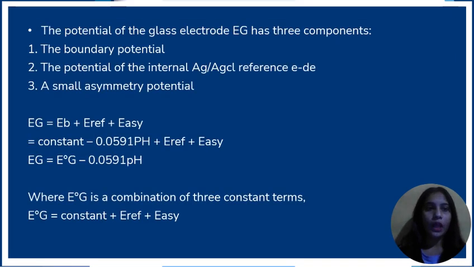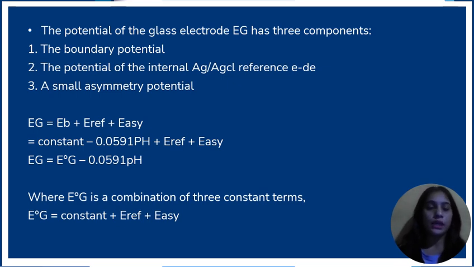The potential of the glass electrode, EG, has three components: the boundary potential, the potential of the internal Ag/AgCl reference electrode, and a small asymmetric potential. So EG equals the boundary potential plus the potential of the reference electrode plus the small asymmetric potential.